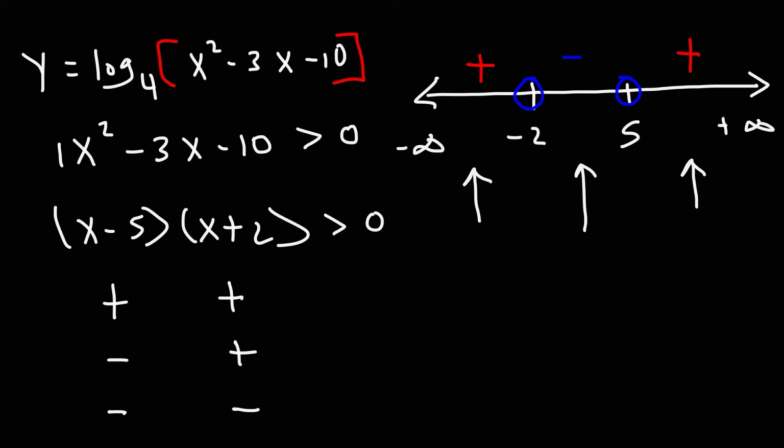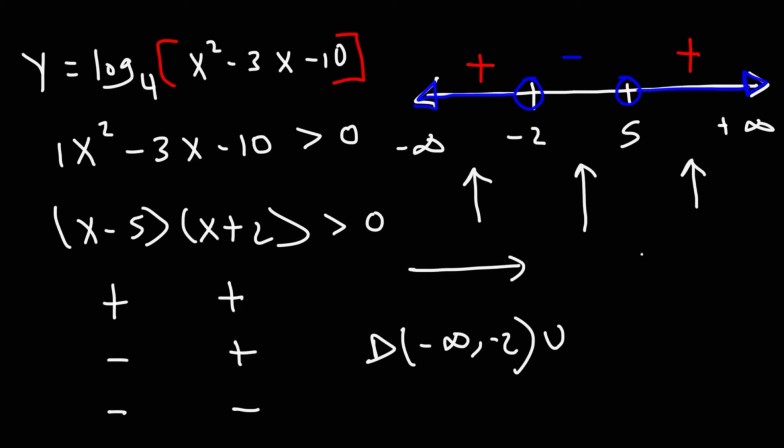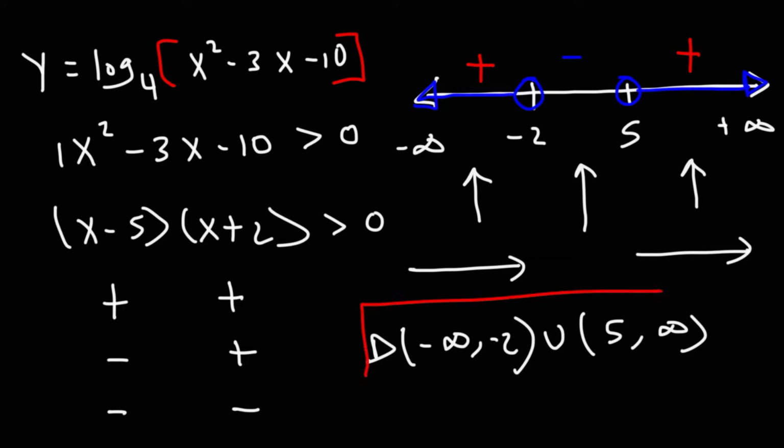So we need to shade to the right of 5 and to the left of negative 2. So reading it from left to right, we have the domain, which is from negative infinity to negative 2, union, and we'll continue starting up at 5 and going to infinity. So that's how we can write the domain for this particular quadratic function within a logarithm.